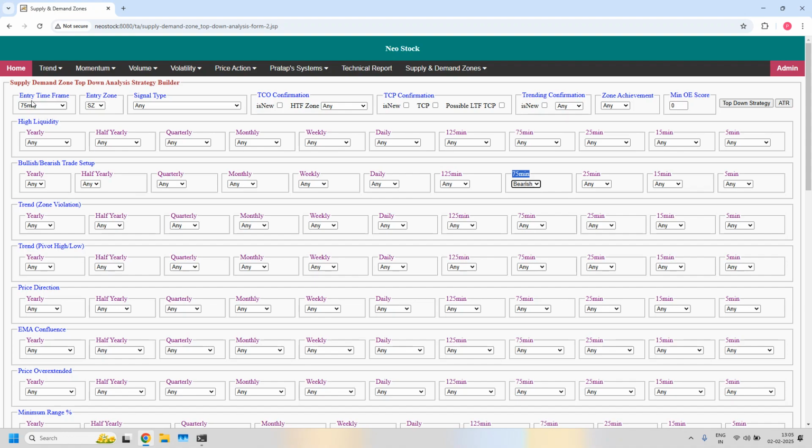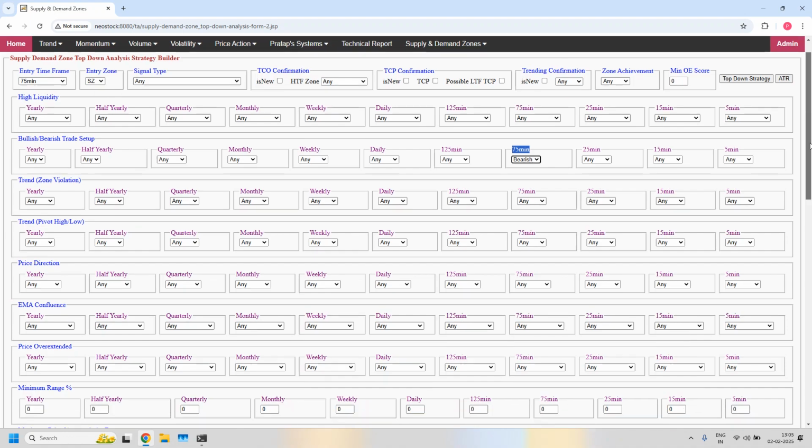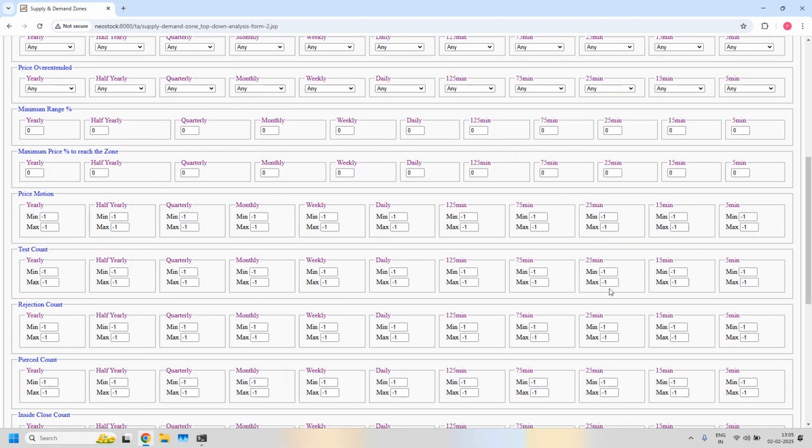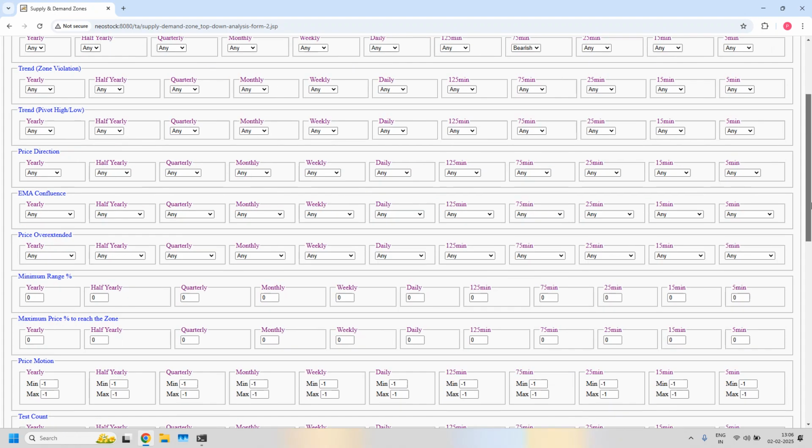And we need to set 3 filters to the 75 minute supply zone. First filter is 75 minute supply zone should not be pierced. So that's why in the pierced count parameter at 75 minutes time frame, I am setting minimum value 0, maximum value 0. That means 75 minute supply zone should not be pierced.